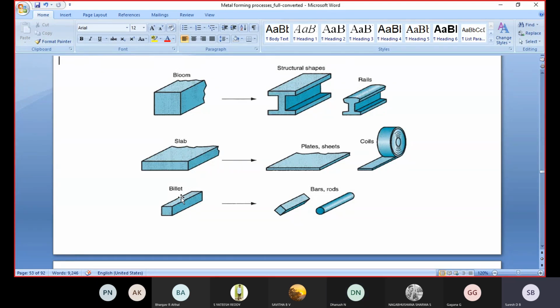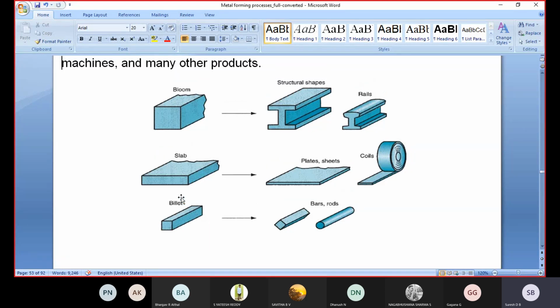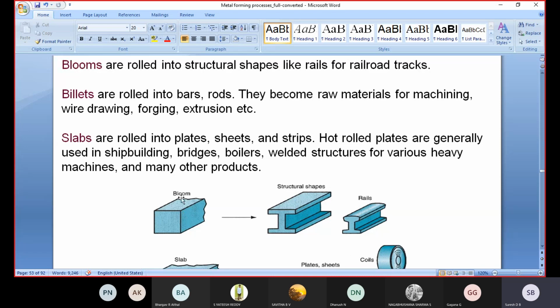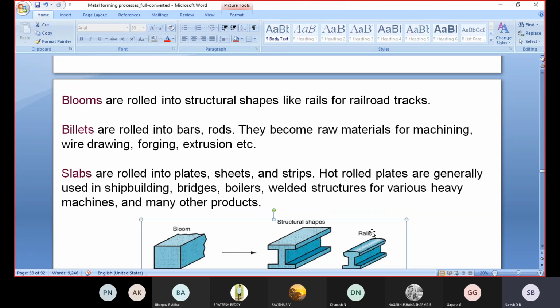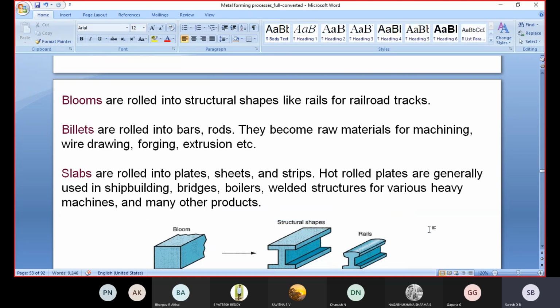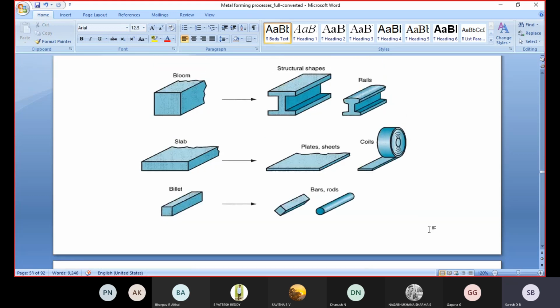These plates, rods and sheets are easily manufactured using the rolling process. Blooms are rolled into structural shapes like rails or railroad tracks. This one is for railway tracks, which are I section in shape. Once you observe railway tracks, the top of the track is curved in shape.